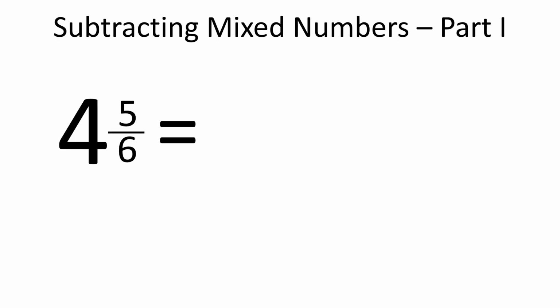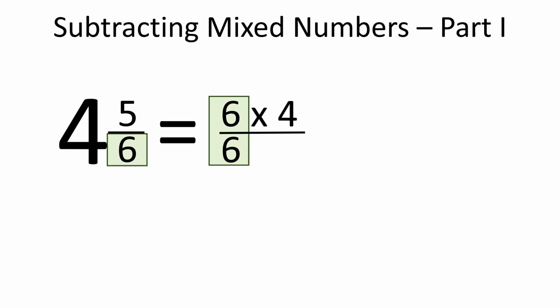To find the answer, we have to represent each fraction as an improper fraction. Let's start with 4 and 5/6. Here, the whole was divided into 6 parts. We know that because there are 6 in the denominator. So 1 whole is equal to 6/6.